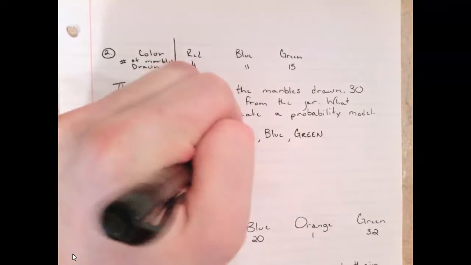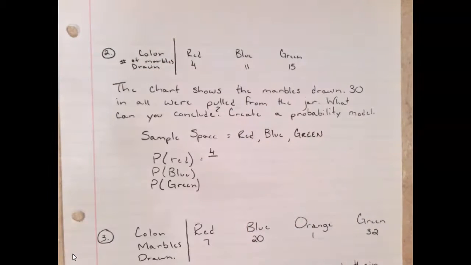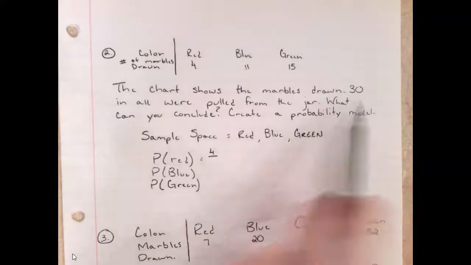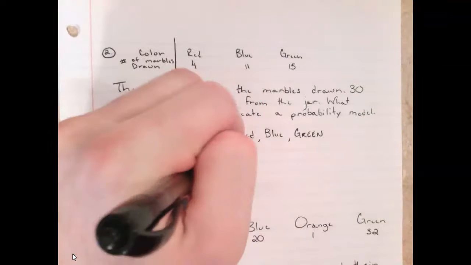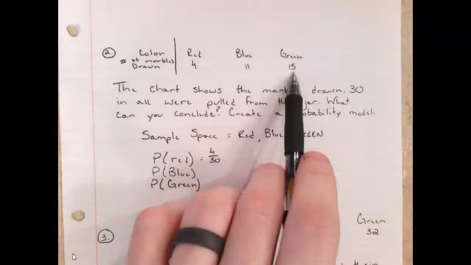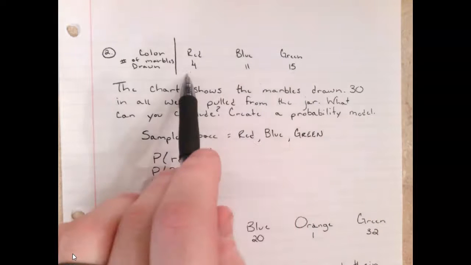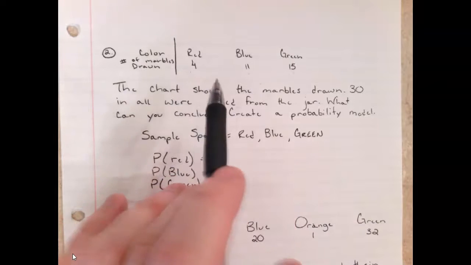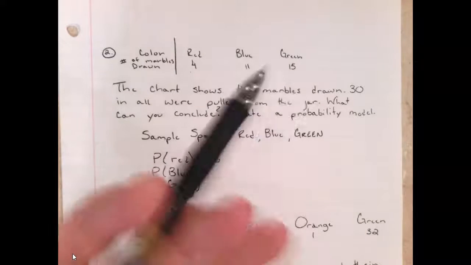We had 4 red marbles out of how much? Well, 30 in all were pulled. So it's going to be 4 over 30. Another way we could find that is to take all your marbles and add them together. 15 plus 11 plus 4 also tells me 30 marbles were pulled.